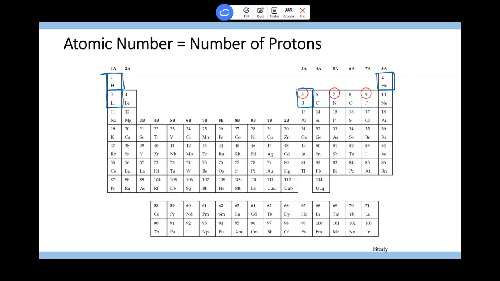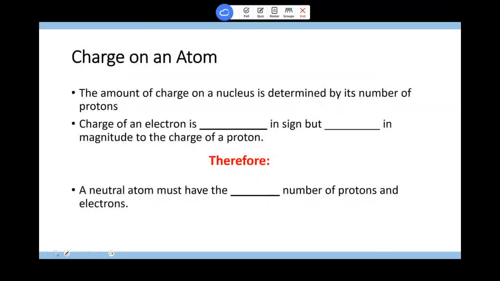So far we've talked about neutral atoms. If boron, for example, has 5 protons in its nucleus, then a neutral boron atom also has 5 electrons. The charge on a nucleus is determined by its number of protons.